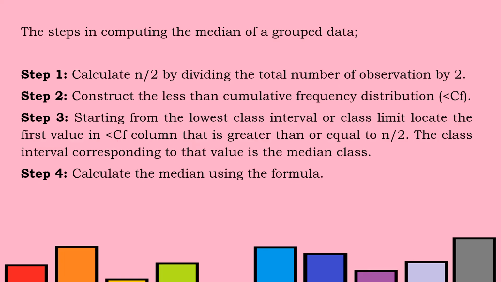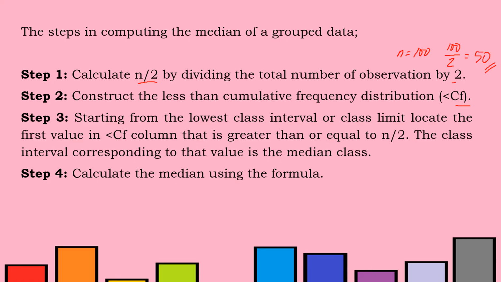The first step is to calculate n divided by 2, wherein the total number of observations is divided by 2. Our n is 100, so 100 divided by 2 is equal to 50. Ito yung hahanapin natin sa F. Then, let's construct the less than cumulative frequency.